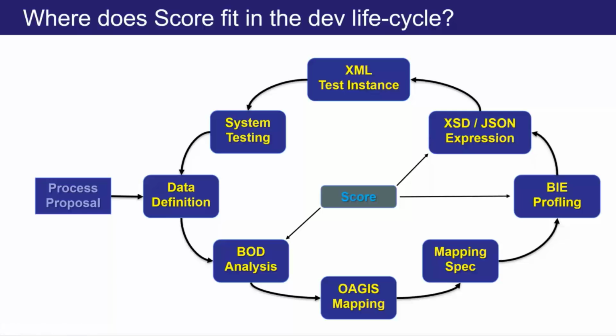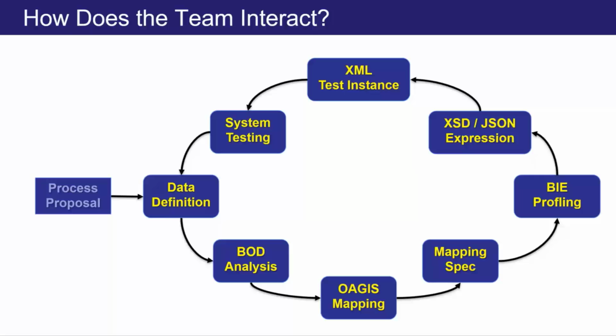So let's talk about how an iterative team or an agile team would work within this same development lifecycle. Let's take a hypothetical team and say we've got an analyst named Joe. Joe's going to look at that data definition. He's going to analyze the BODs.